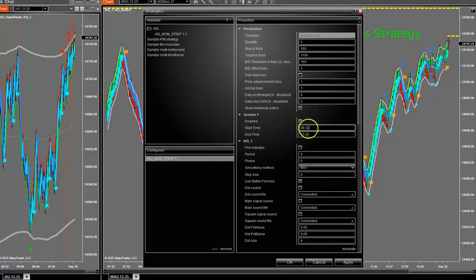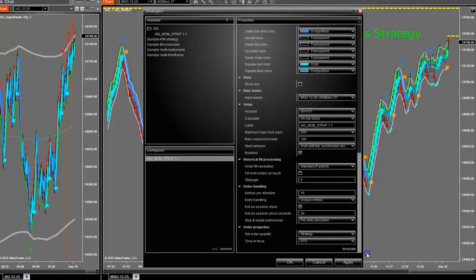So I'll make sure I've set it to take trades at 8:32 US Central Time or later, up to 1:30 in the afternoon. Or if I just see this outside the bands and it's the middle of the night, I can turn off my time window limitation, which means it can take trades anytime the strategy's on. But for now, I'll leave it on. In other words, you have full flexibility.